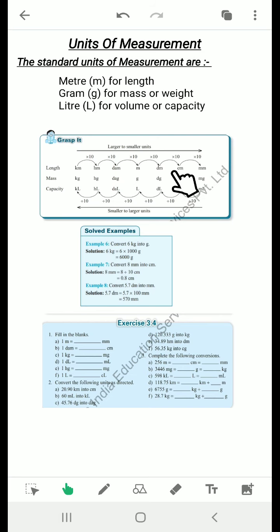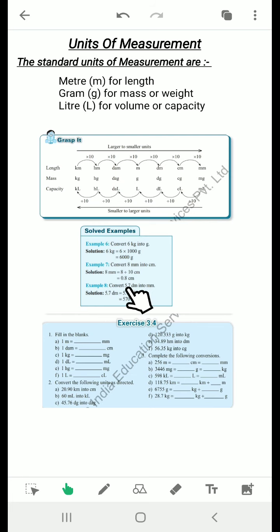Why only 10? Because only one step. So 8 divided by 10 will be 0.8 centimeter. How to divide any number by 10, 100, 1000, or how to multiply any number by 10, 100 or 1000, you already learned in the previous exercises. I already explained in the previous videos also. So you have to keep that also in your mind.